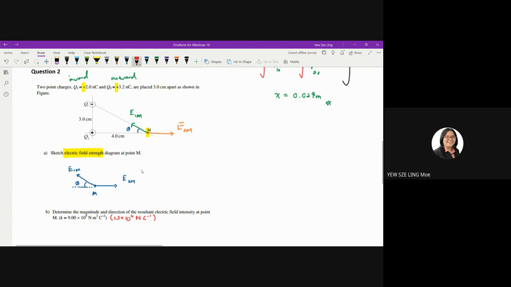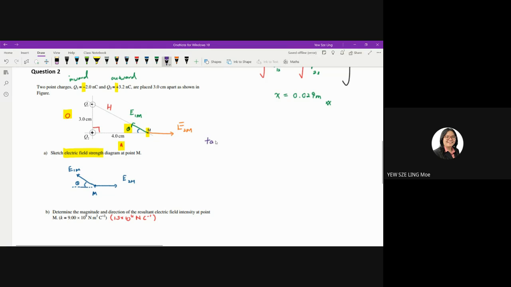All right, so my next task asks you to determine the magnitude and direction of the resultant electric field intensity at point M. Like you mentioned just now, you need theta. So how to determine theta? You look at this diagram. It is a right angle triangle. When you have a right angle triangle, you can apply trigonometric functions to determine the value. This is the hypotenuse, this is the opposite, this is the adjacent. You are given the values of the opposite and adjacent and you want to determine theta. Therefore, you can apply tangent.